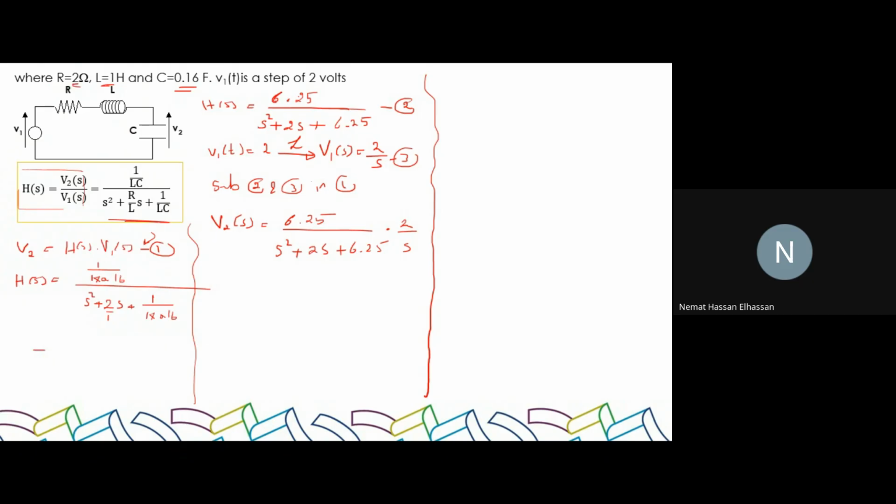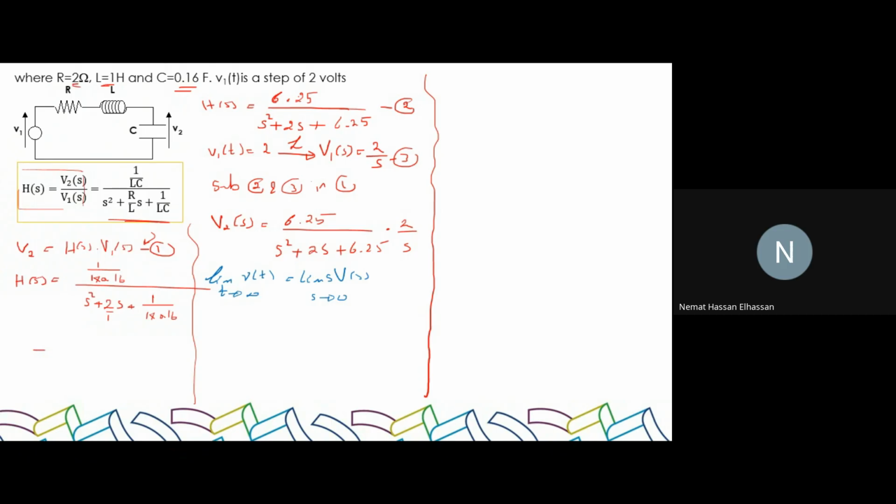Instead of having to do partial fractions and manipulations to make it match the table, remember we said theorems have the purpose of simplifying the math. So all I have to do is use the final value theorem, which states that the limit of v of t when t is equal to infinity is equal to the limit of s times V of s when s is equal to 0.